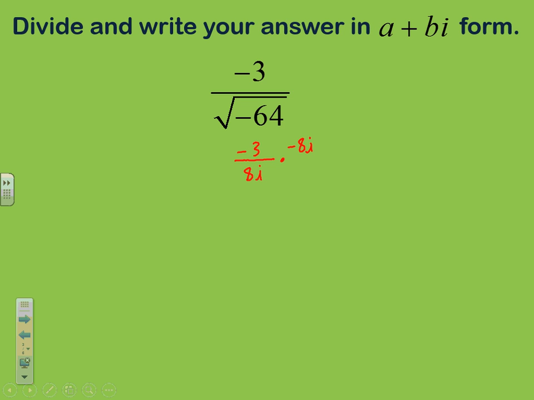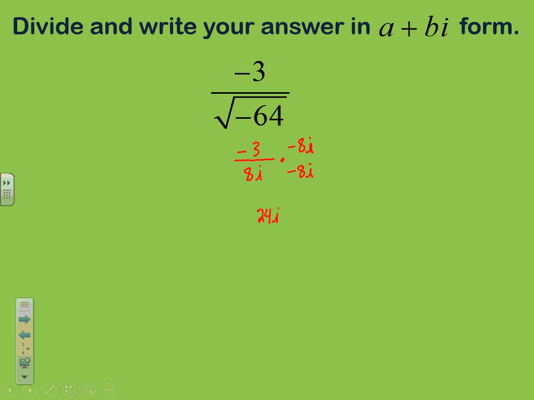What the instructions told us to do on the previous screen was to take the conjugate, multiply it to the numerator and the denominator, and then simplify it and see what you get. So in the numerator, we have negative 3 times negative 8i, which would give you a positive 24i.